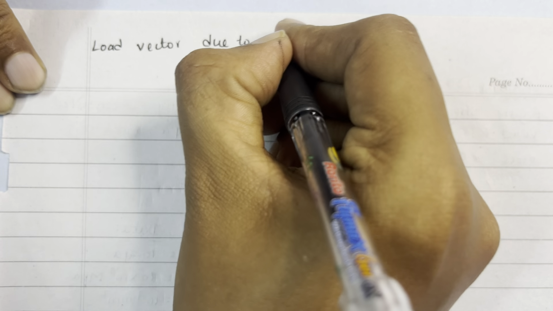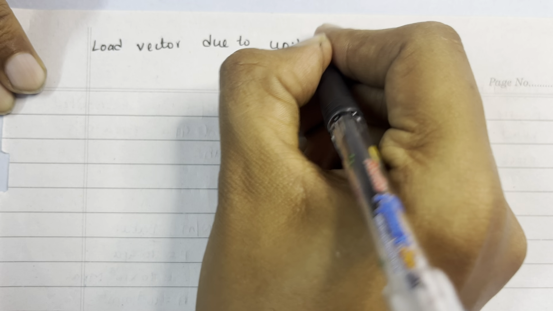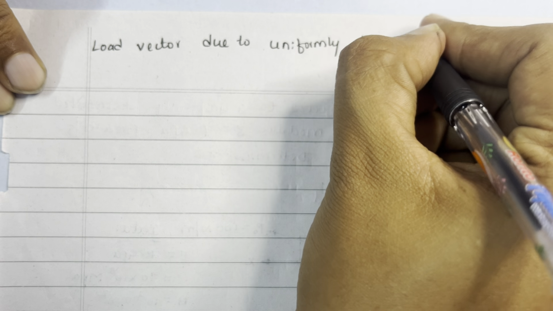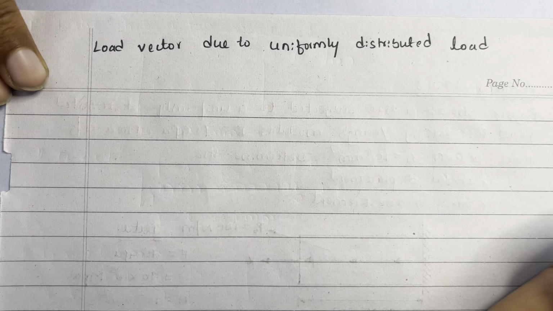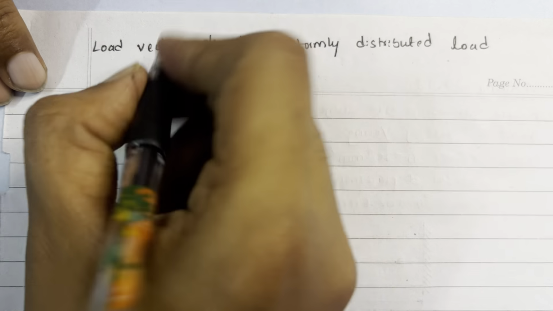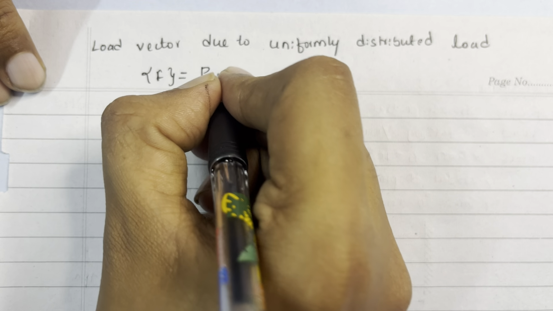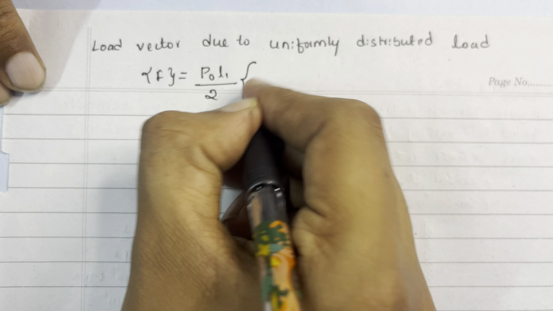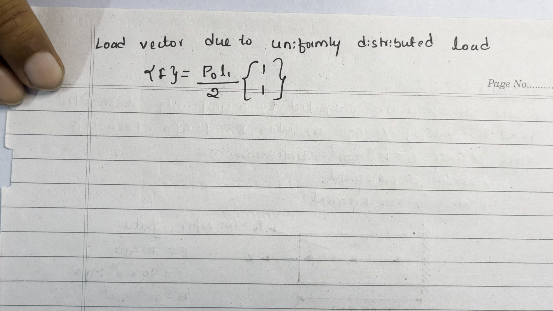The load vector due to the uniformly distributed load, that is vector f, is equal to p naught l divided by 2 times the vector 1 1. This is the formula, so we have to substitute.